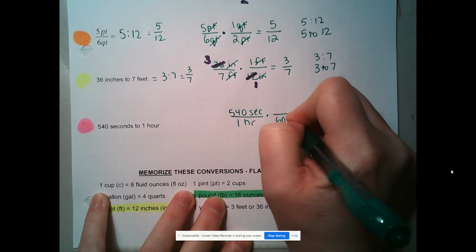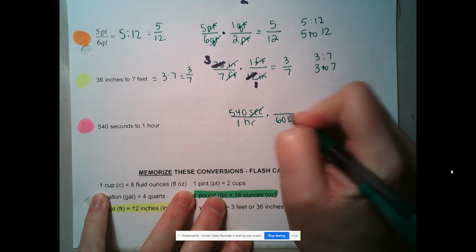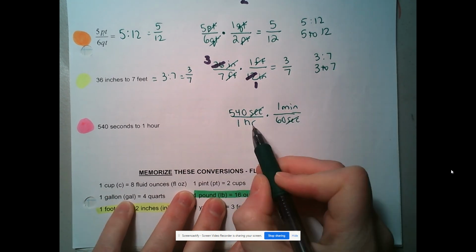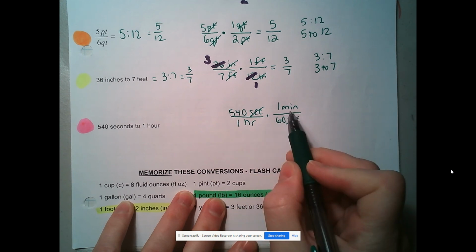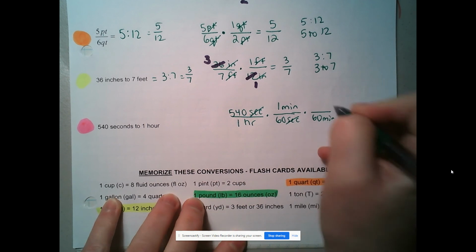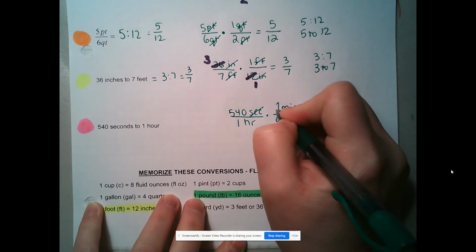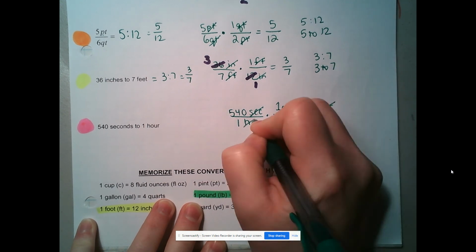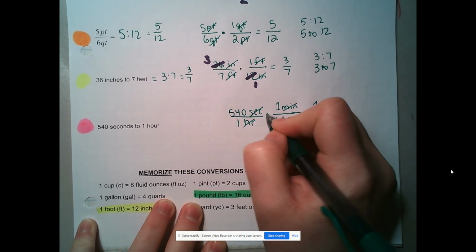So I'm going to put 60 seconds on the bottom so that the seconds cancel, and put 1 minute on top. And I'm going to notice that I still have hours and minutes. Ooh, I know how many minutes are in an hour. I know that there are 60 minutes in 1 hour. And so now I can cancel minutes with minutes, and this hour that's way here at the end can cancel with this hour that's back at the beginning.